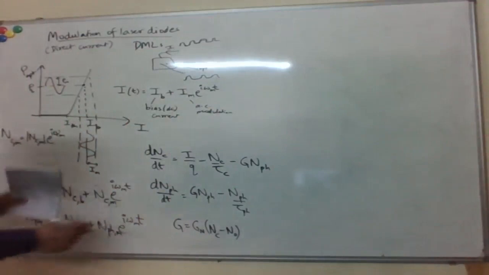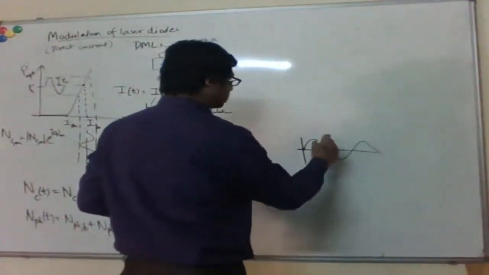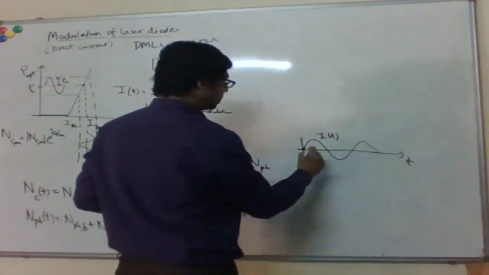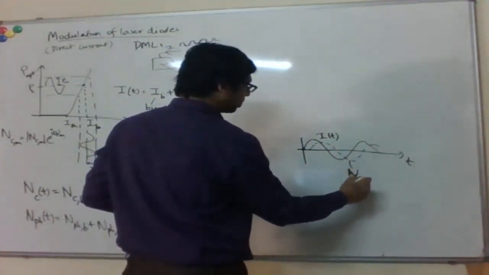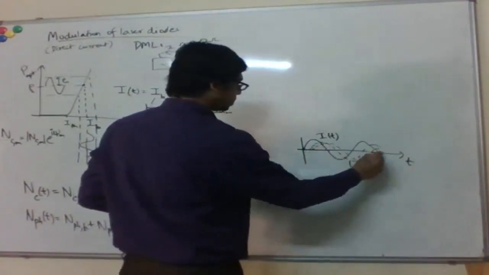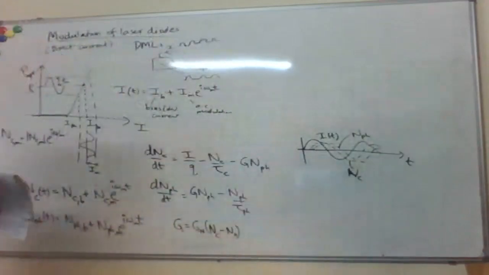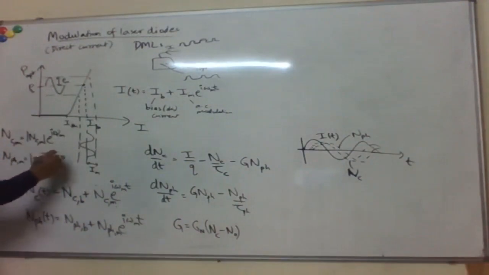the drive current. So for example, if I plot with respect to time, and my current looks like that, then let's say the carrier concentration looks slightly out of phase, or similarly, the photon number is slightly out of phase.